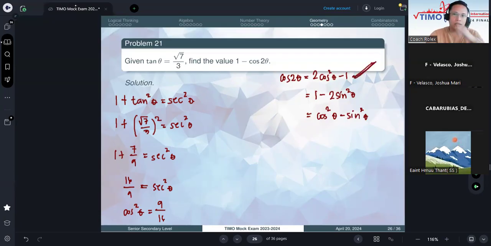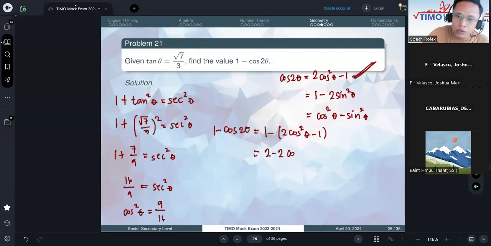So if we want to utilize that one, meaning the 1 minus cos 2 theta will become 1 minus the quantity 2 cosine squared theta minus 1. This will become 2 minus 2 cosine squared theta. We have 2 minus 2 times 9 over 16.